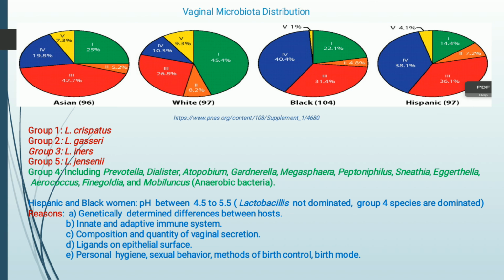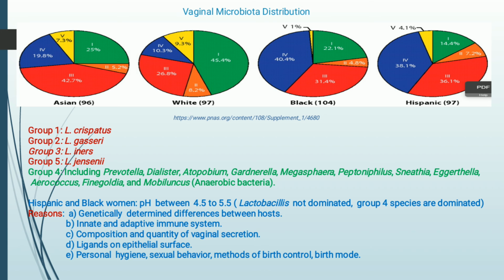If I talk about the Asian women, you can see that the green color, representing group 1, Lactobacillus crispatus, is 25%, and in white women group 1 is 5.4%. Mainly you have to focus on group 4 species, which contain anaerobic bacteria.